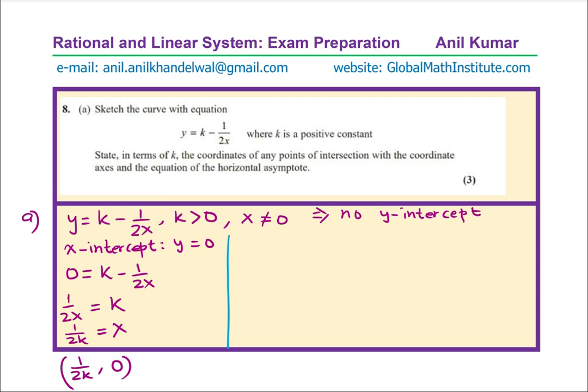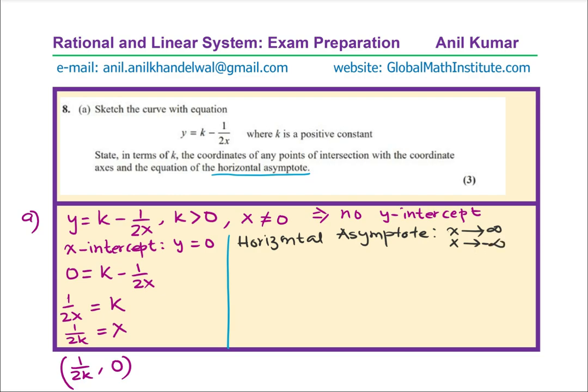The other part is to find the horizontal asymptote. So what is a horizontal asymptote? To find it, you should find what happens when x is very large positive, or when x is very large negative.